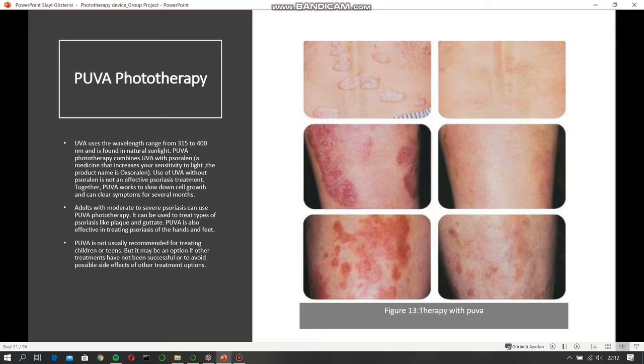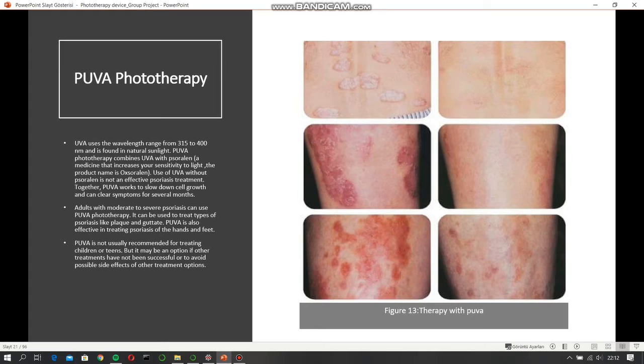The product name is also oxsoralen. The use of UVA without psoralen is not an effective psoriasis treatment. Together, PUVA works to slow down cell growth and can clear symptoms for several months.